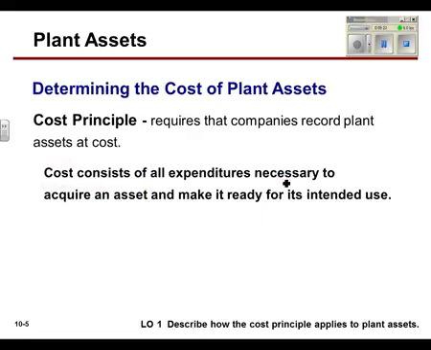You need to know that plant assets have a lot of hidden costs with them. And it's called the cost principle. It requires that all companies record plant assets at cost. What we bought them for, not necessarily what they're worth, plus all the add-ons.